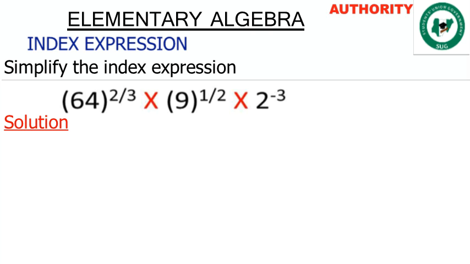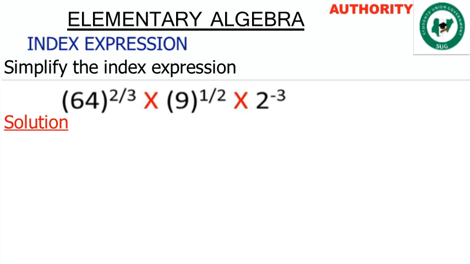We have 64 raised to power 2 over 3 times 9 raised to power 1 over 2 times 2 raised to power minus 3. We're going to take them one by one, and when we pick one, we change the expression. We pick another one, we rewrite it, until it's very simple for us to solve.